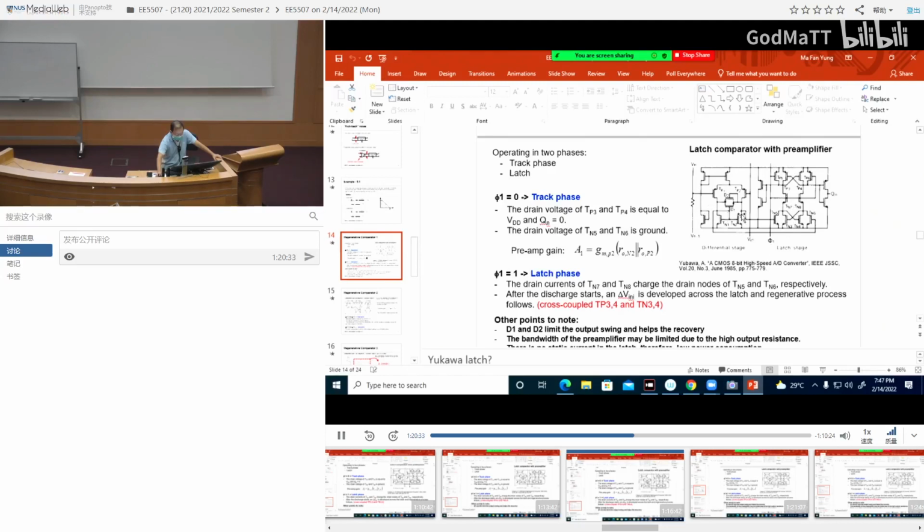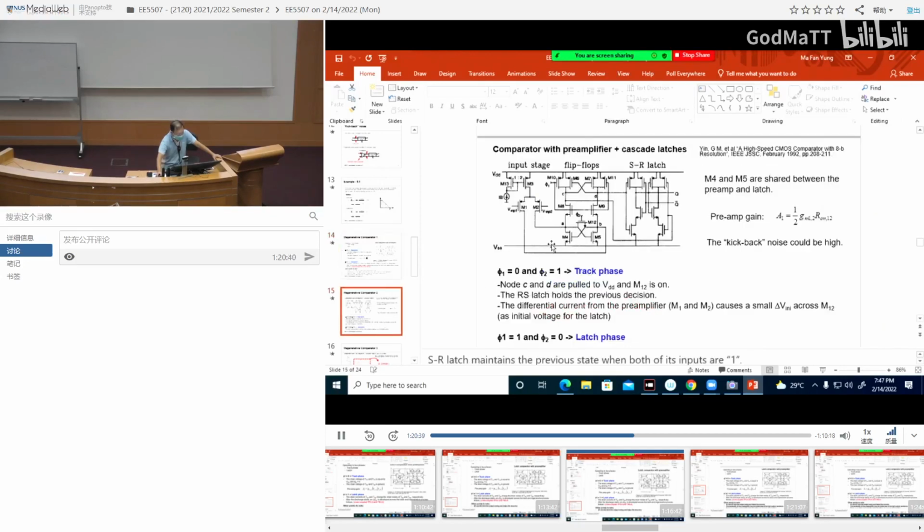He saved this, he also saved this, because all the load for the preamplifier is shared using these two. Add one more transistor M12 here, and the top half is exactly the same: the two NMOS driven by phi 1, the two PMOS also driven by phi 1, cross-coupled PMOS.